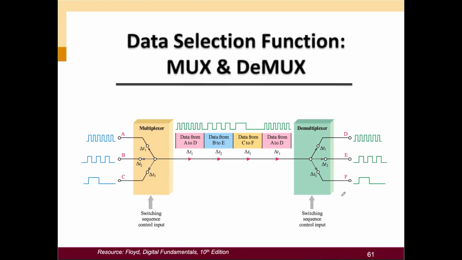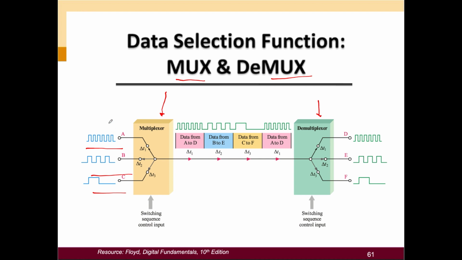So let's move first on to data selection functions for your mux and the demux. Mux is the short form for multiplexer, and demux for demultiplexer. So over here you have one multiplexer, and this one is the demux. Let's say you give 3 inputs to your multiplexer.